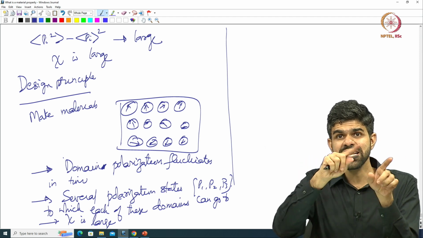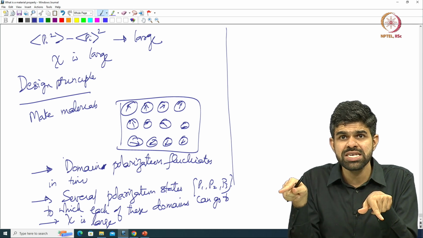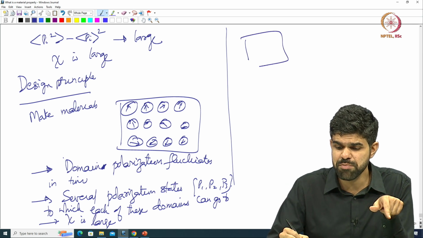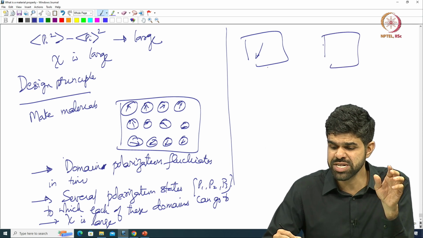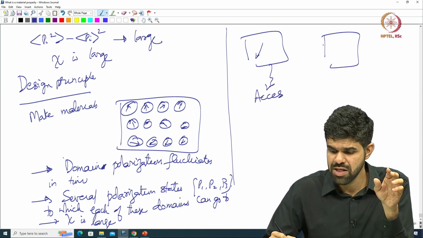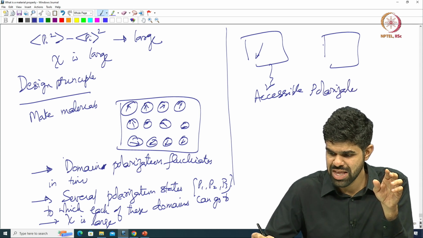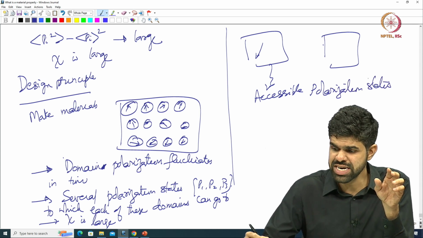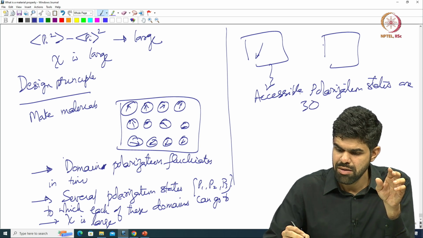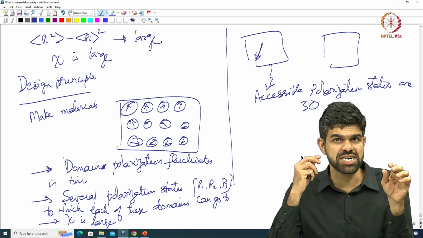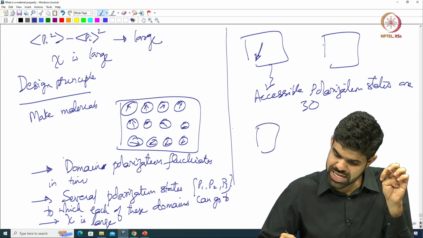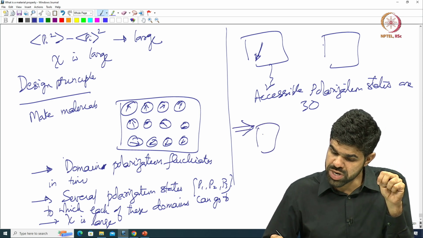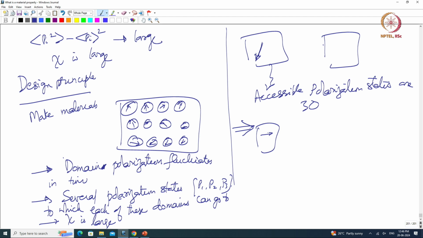So, if the material can take several polarization states, even if I prepare a material in this polarization state, but the accessible polarization states are many, but initially the material is polarized in this fashion, let us say. Then I apply an electric field, let us say in this direction, and I want the polarization to come and join the electric field.